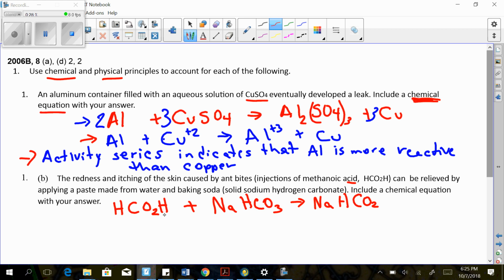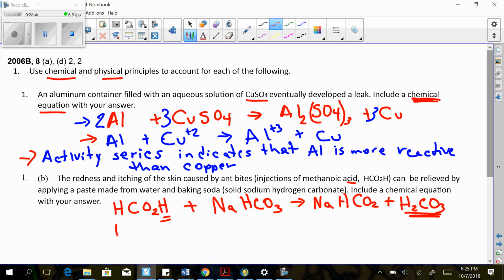How do you know it's an acid? It loses a hydrogen, and you form the other product. Now, the other product is the base, and the base is going to accept a hydrogen, and so you have this compound. But this is carbonic acid, and we know carbonic acid breaks down.